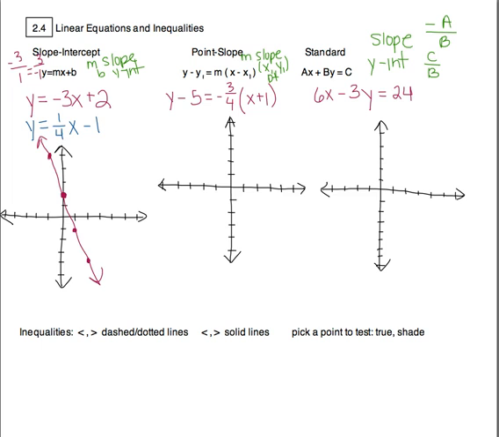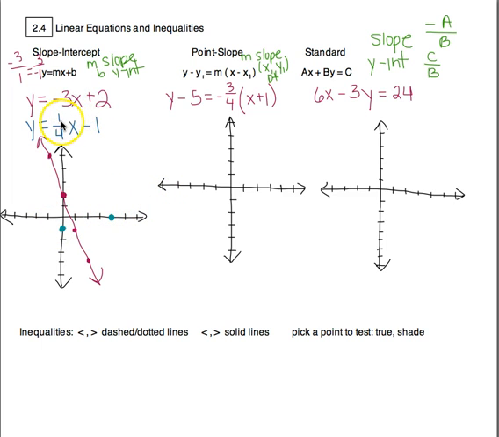Then I did a second one here. The y-intercept here is negative 1, so that would be right here. And in this case, my slope is written as a fraction. They're both written as positive numbers, so that means up 1, right 4, and there's my dot. Now, I don't have enough room to go up another 1, right another 4.